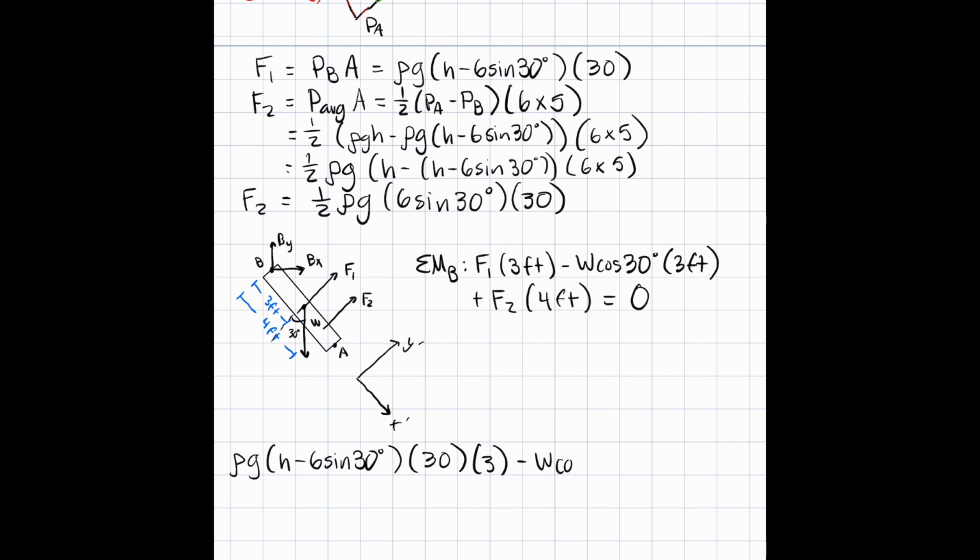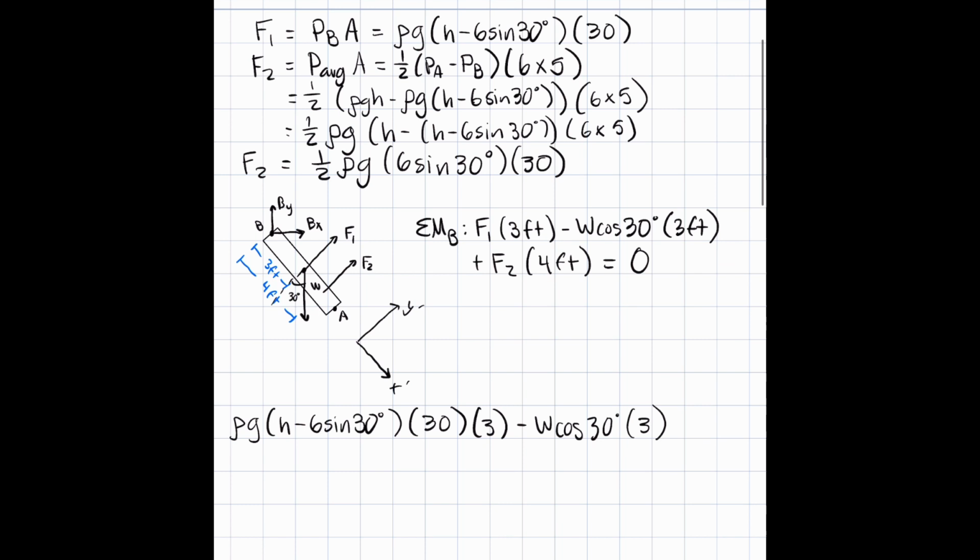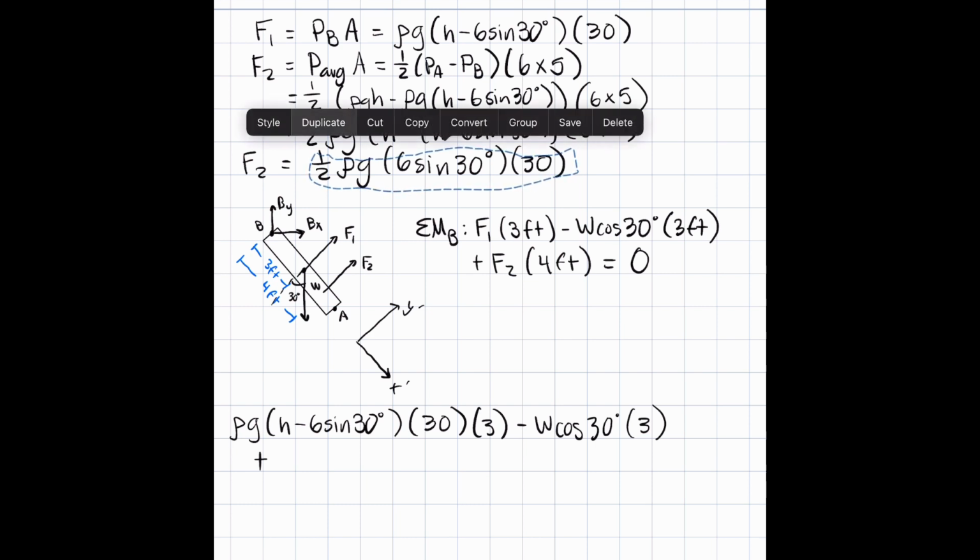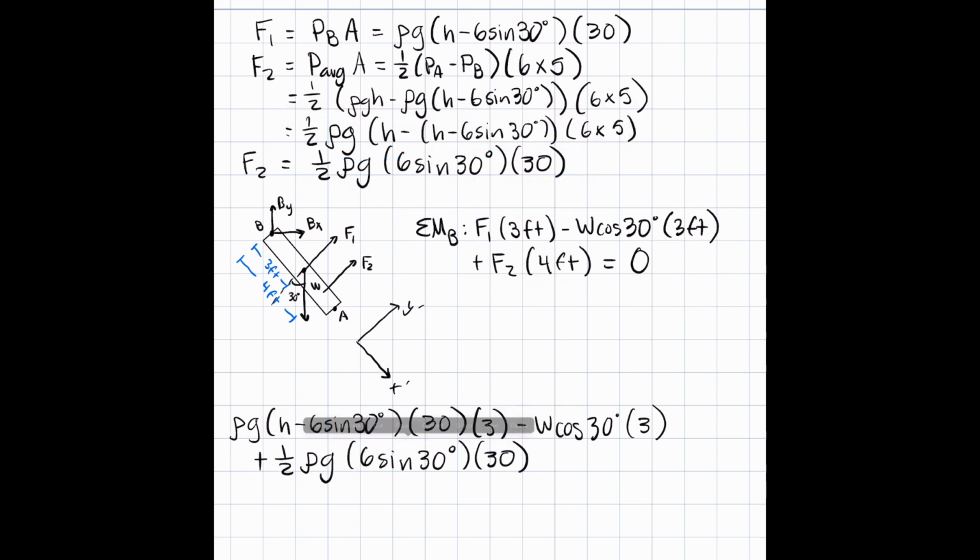Minus W cosine 30 times 3 feet plus our value of force 2, which we have already written out. And that one's going to be times 4 feet for the moment term that we have, and all of that is going to be equal to 0.